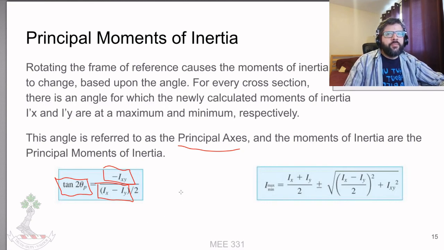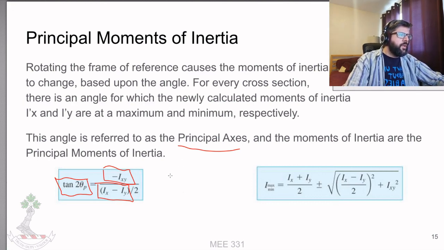One thing that I think you could probably tell here is that if you have an Ixy that is equal to 0, then that means that the tan of 2 times the angle you're rotating to needs to be 0.